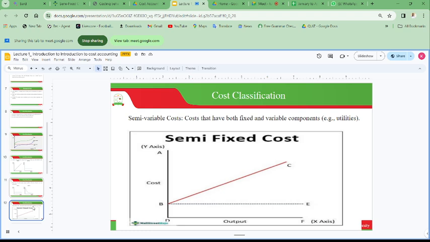For example, we have the electricity bill and the telephone bill. When we look at the graph, the cost remains fixed up to some level of the activity, or even if there is no activity, but then increases with the increase in the level of activity. So that explains our graph.